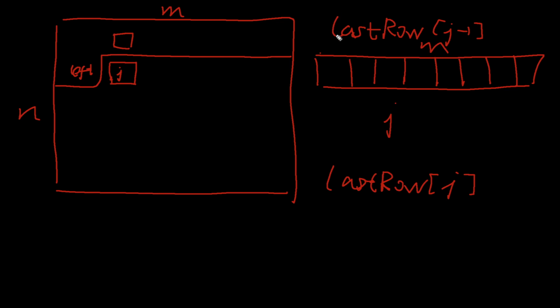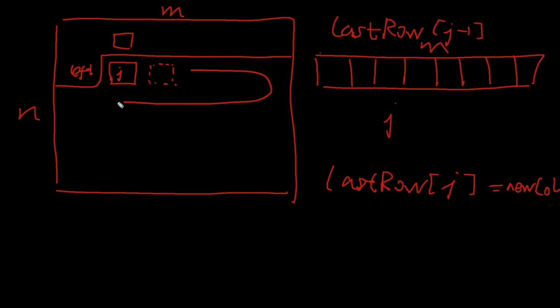Assuming we're simply using a list here, we just update last row j to the new color, because after we place a color here, this cell becomes the new one. When we try to place the next one, this one will become the left neighbor.